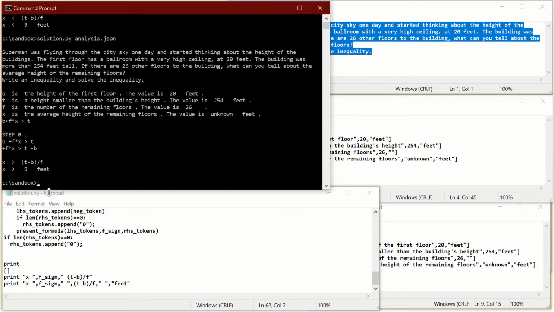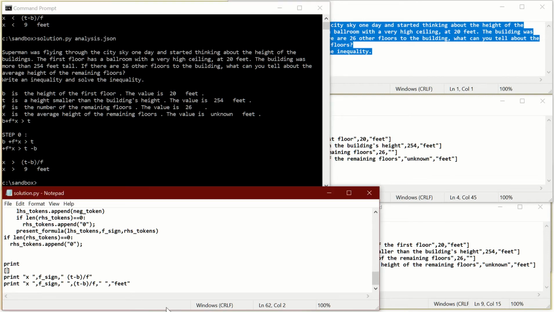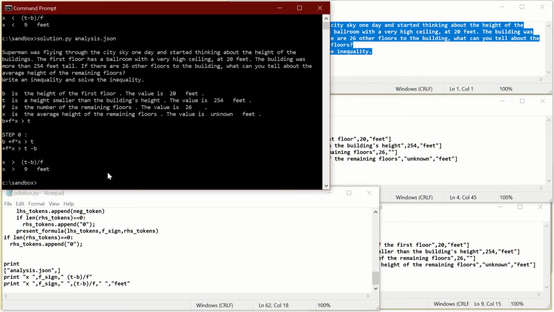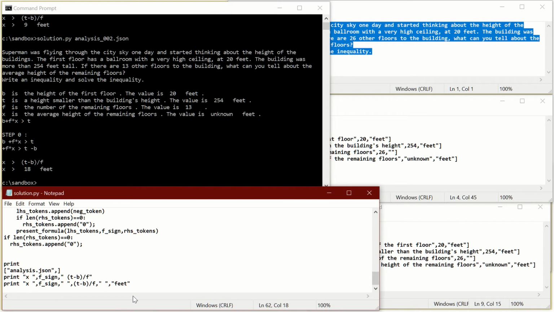So I will add this JSON file to my list. Then I will run the second test. The coefficient is also positive. So I will add this one to the list as well.